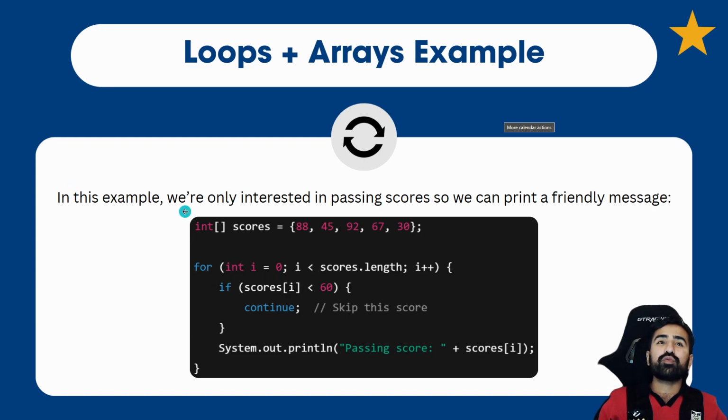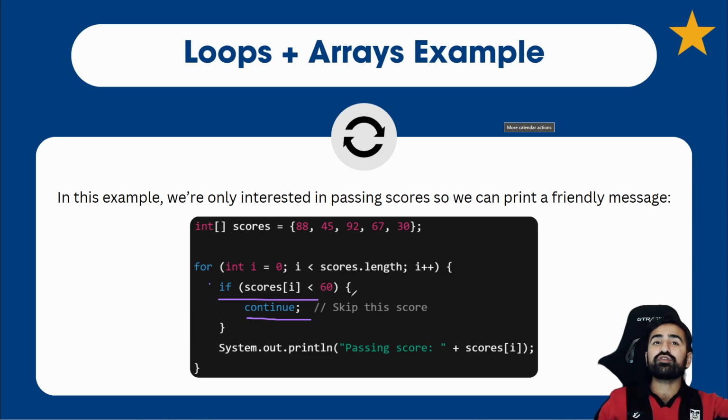So in this example, we're only interested in passing scores so we can print a friendly message. If we get a score that doesn't pass, we're going to skip. If the score is less than 60, you don't pass, so we're going to skip the rest of that iteration. Again, classic array access loop here.